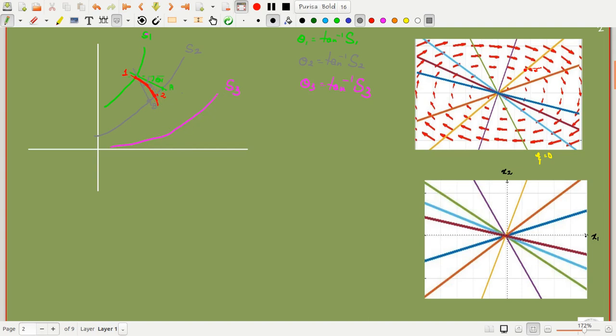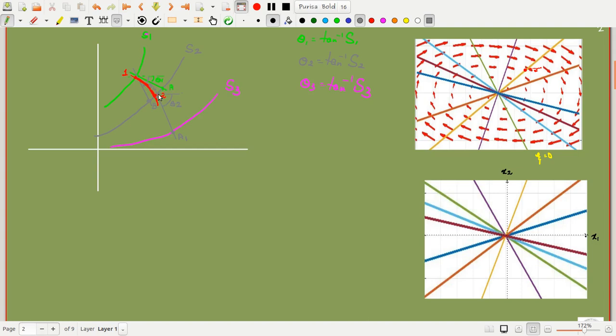I have drawn from point 2, and here I have reached point A1. Okay, so this is an angle theta 2.